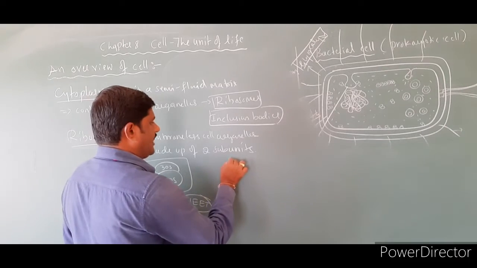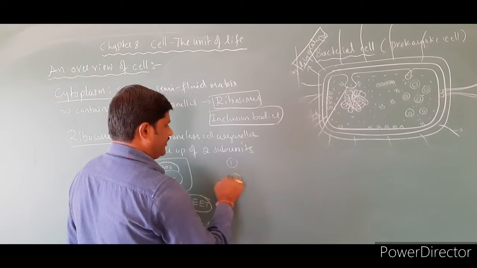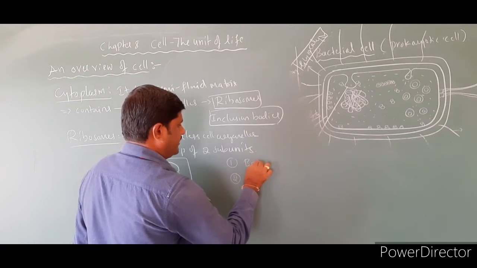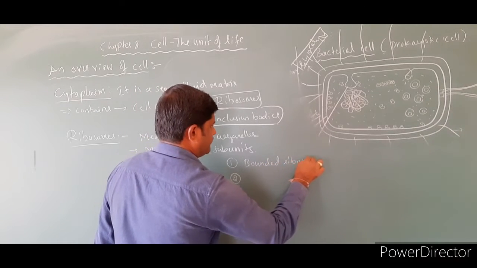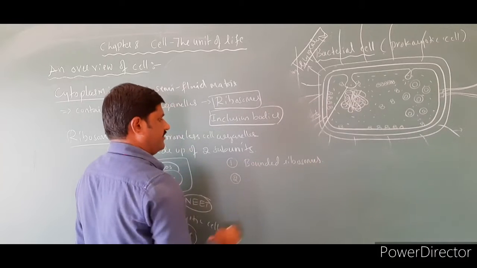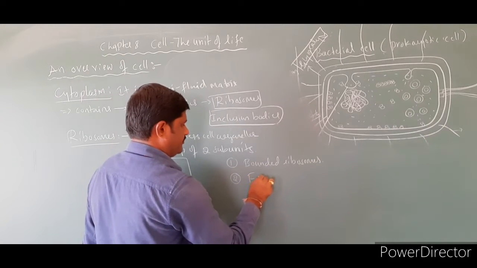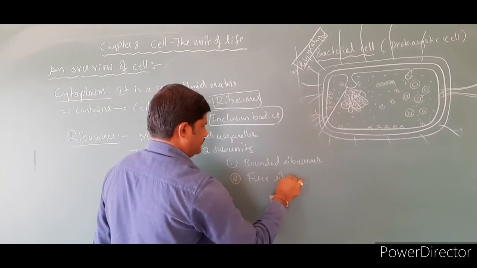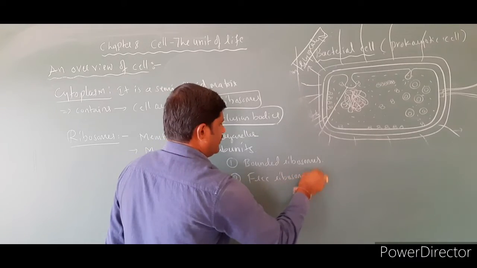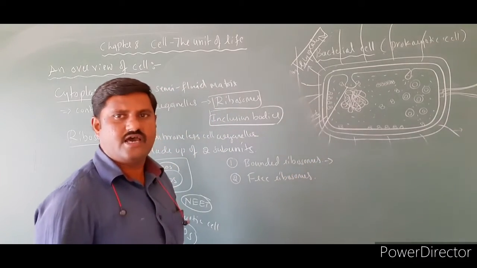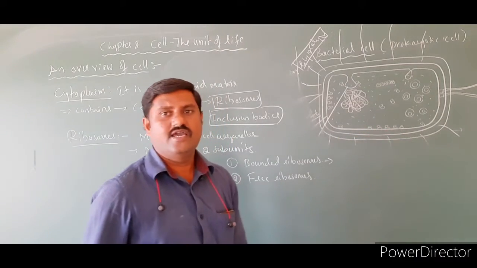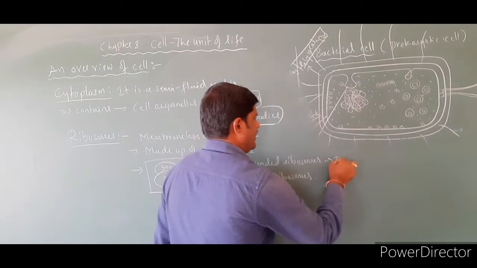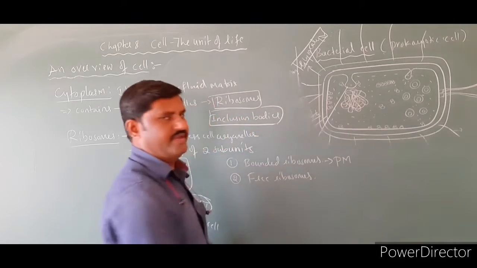And there are two types of ribosomes that we come across. One is bound ribosomes, and the second one is free ribosomes. Bound ribosomes are associated with the plasma membrane. See here, they are attached to the plasma membrane.